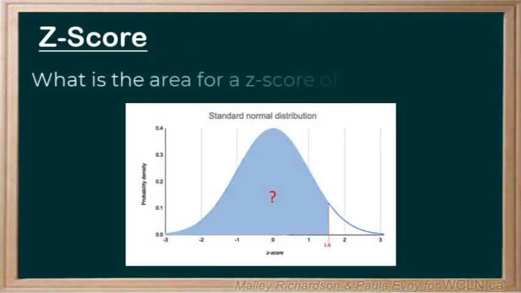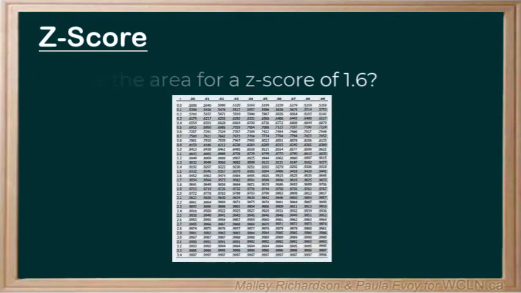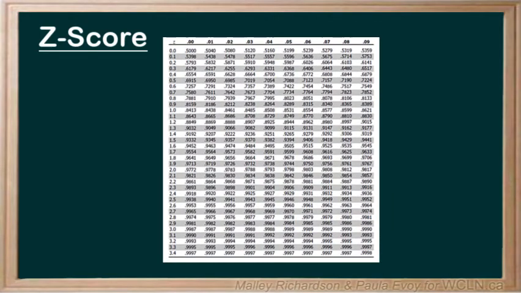What is the area for a z-score of 1.6? The z-score is positive, so we go to the positive z-score table. The first two digits of the z-score are 1.6, so we find 1.6 in the first column. Since we don't have a third digit, we go to 0.00 in the top row, and we find its corresponding area.